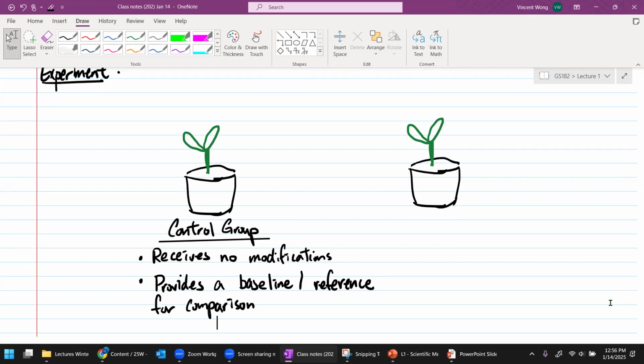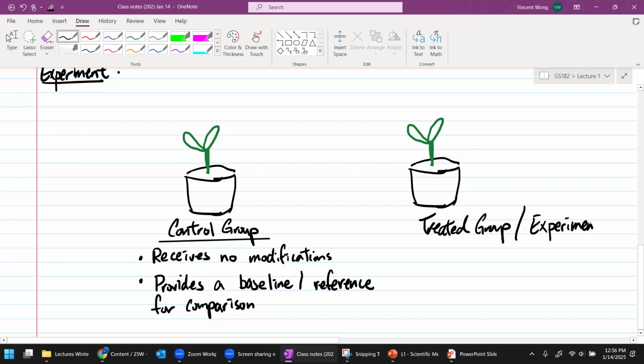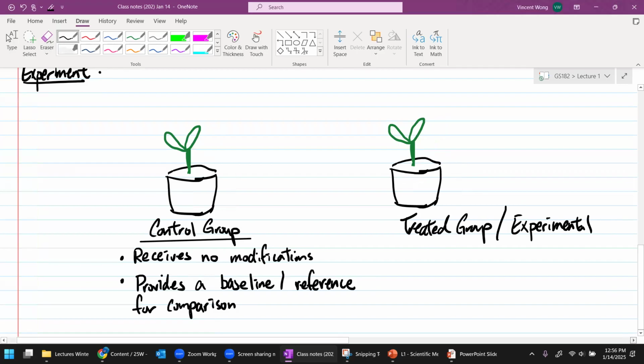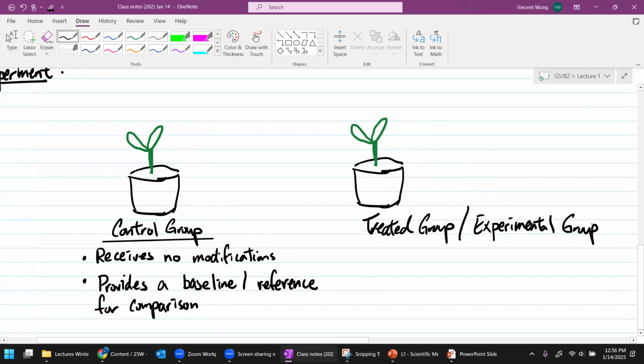So the other group we have over here is called the treated group, or the experimental group. This is the group that receives a modification. Just one. You cannot change more than one thing at a time.